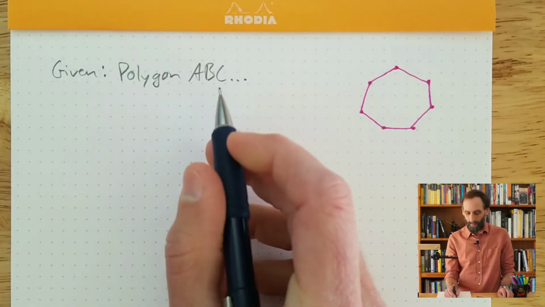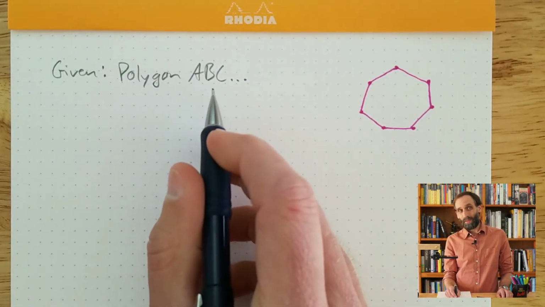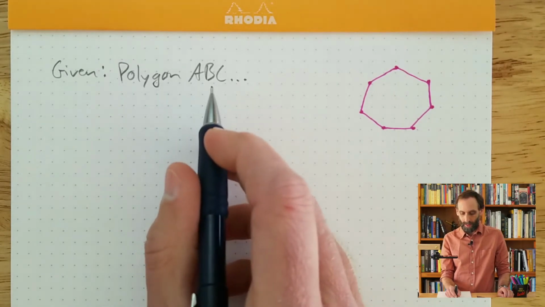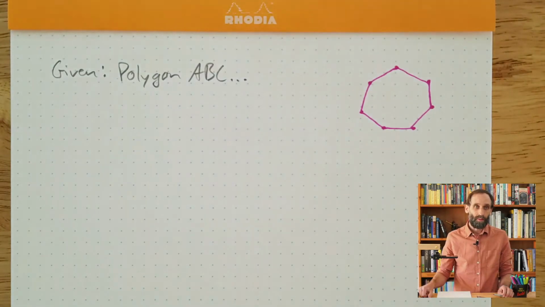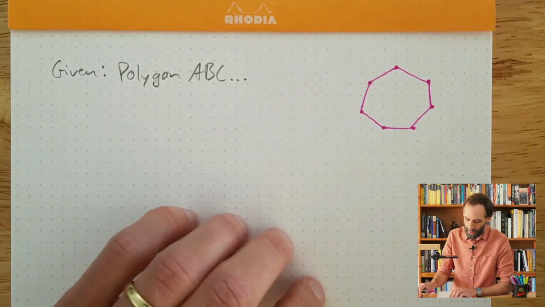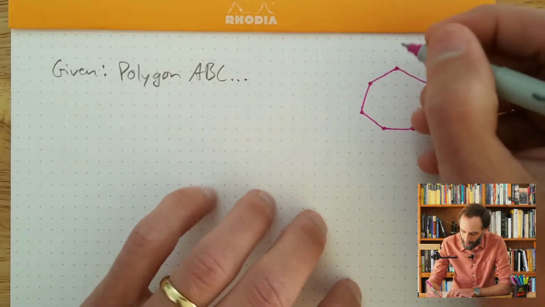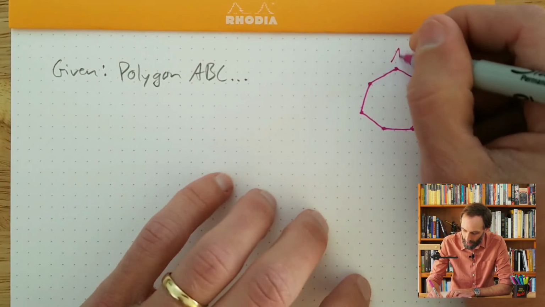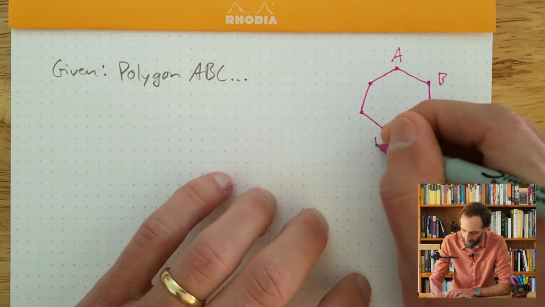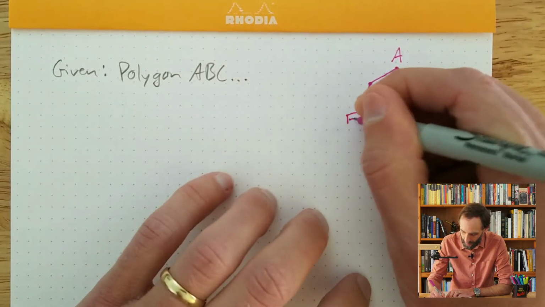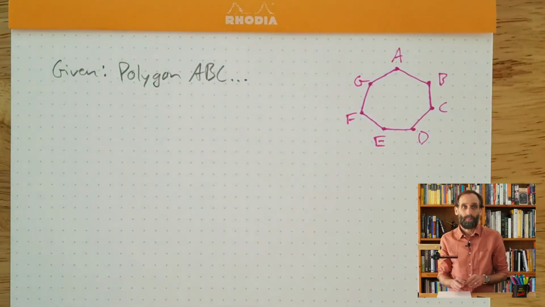So it's going to have at least 3 sides, right? Because every polygon has at least 3 sides. So it'll have at least A, B, C. And then the letters might just go on and on. There'll be as many letters as there are vertices to correspond with the letters. And so in this particular one, I have A, B, C, D, E, F, and G.